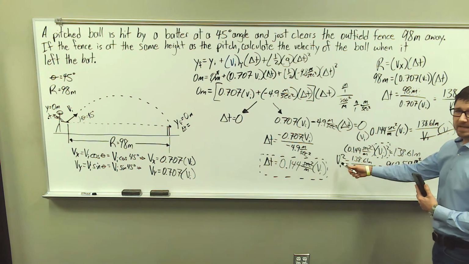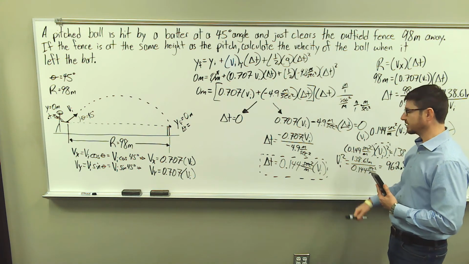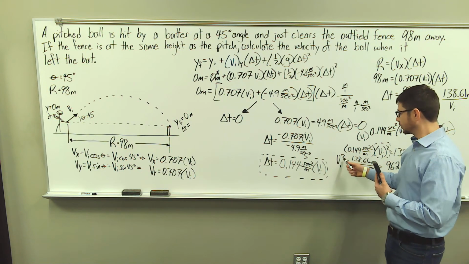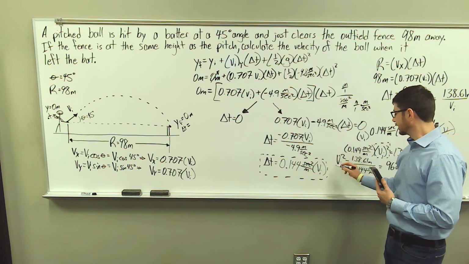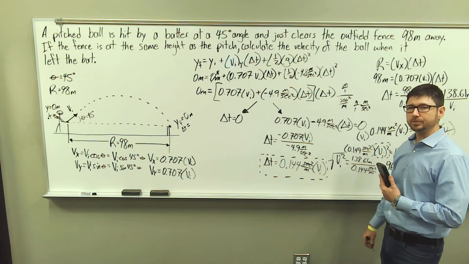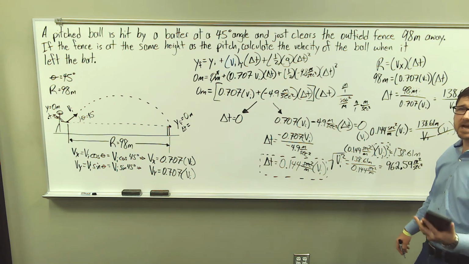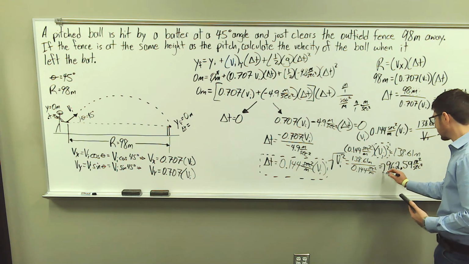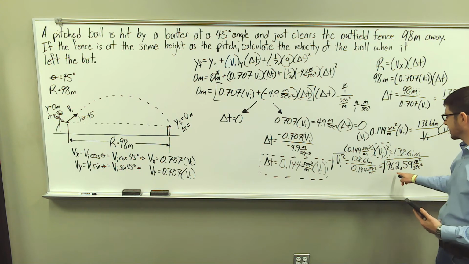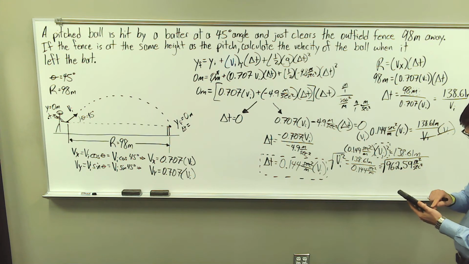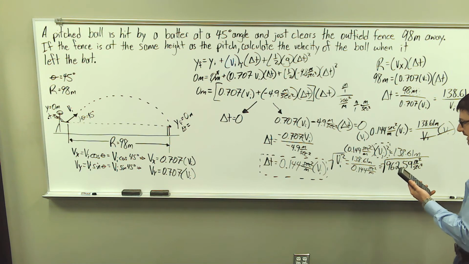Okay? On the left-hand side of the equal sign, we have initial velocity squared. To eliminate our squared, we need to take the square root. And remember, what you do to one side, you have to do to the other. So we're going to take the square root of this value. And that gives me 31.